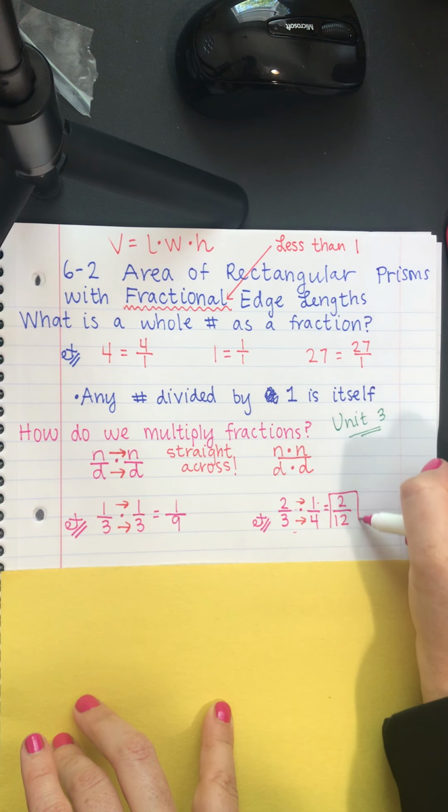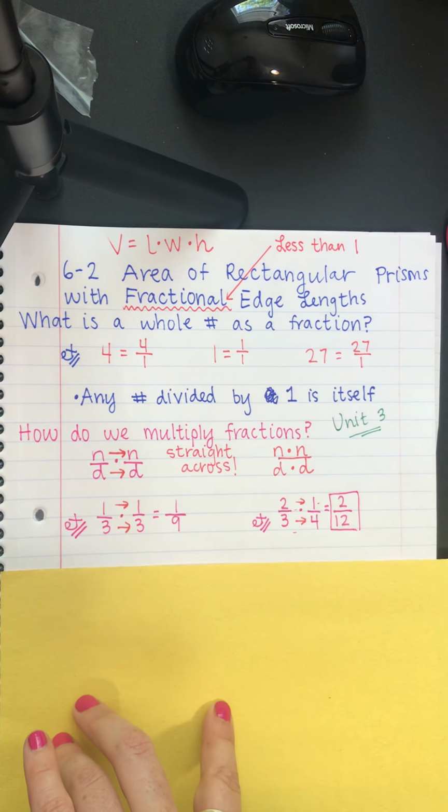So this is an answer here, but hopefully you're recognizing that it's not reduced. So if I did want to reduce that, I'm looking here. The first thing I look for is, are they even numbers or are they multiples of 5? So I see that these are both even. I know that they can be divided by 2.